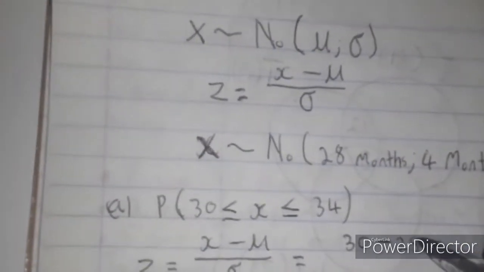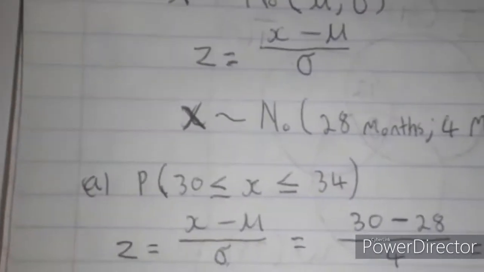We are going to calculate 30 first. 30 minus the mean, which is 28, divided by the standard deviation, which is 4.